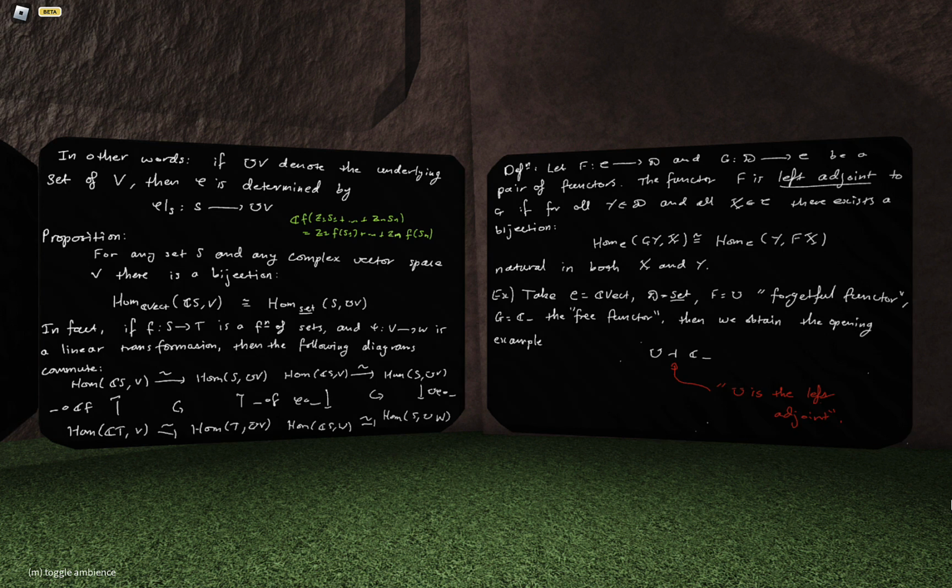Okay, so an adjoint pair is the pair of functors along with a structure, and then there's always a functor on the left and a functor on the right. And we use this turnstile notation to denote that.